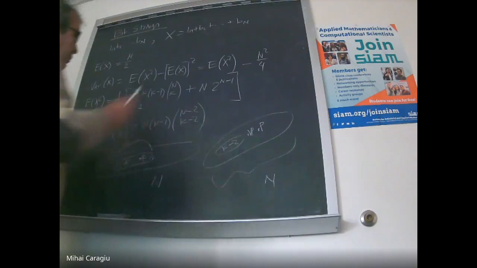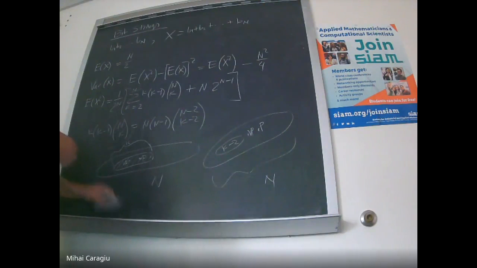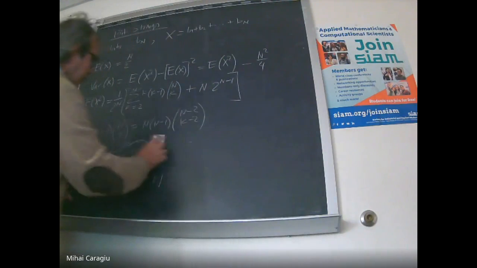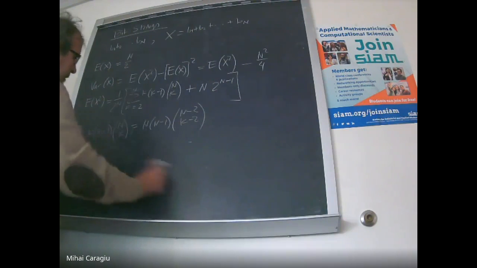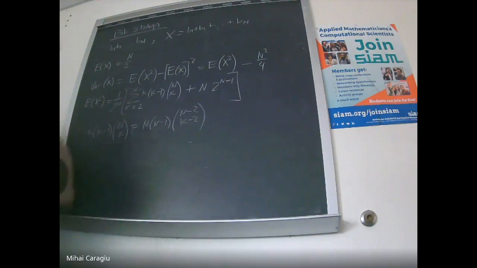So, there are two different ways of counting the same combinatorial structure. It's a very important formula. So, k times k minus 1 times n choose k is n times n minus 1 times n minus 2 choose k minus 2.